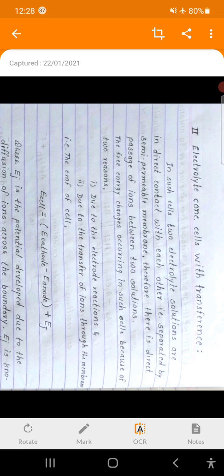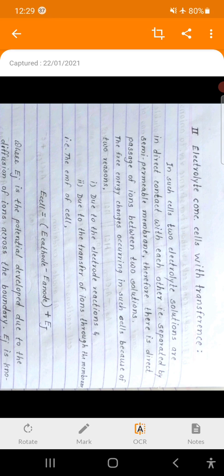This also leads to development of voltage, which is considered as EJ, a small potential developed because of the passage of ions from the higher to the lower concentration solution.